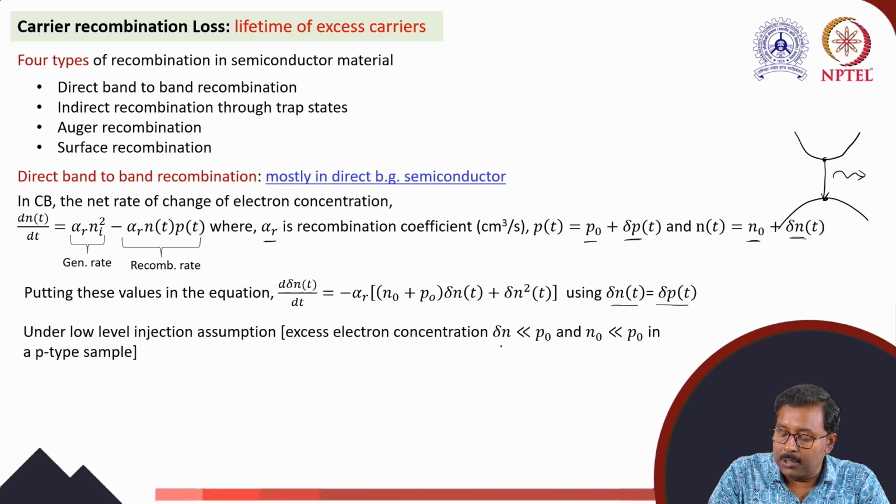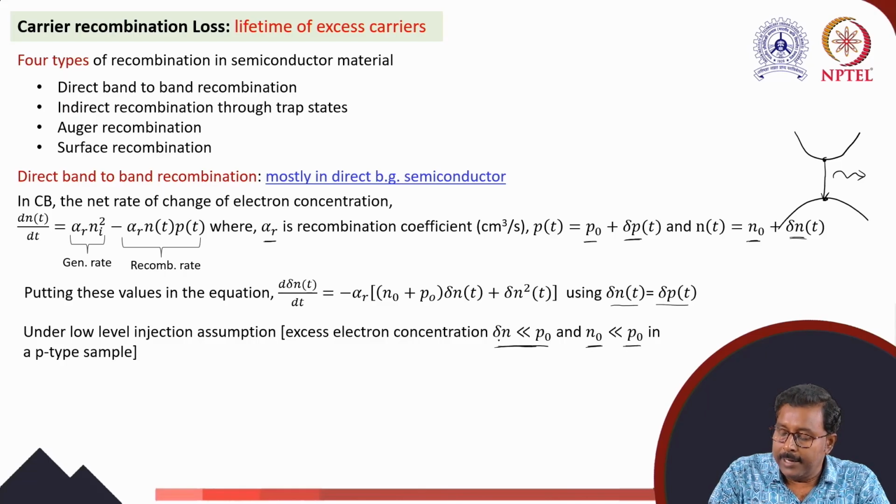Also you have to assume low level injection, that is, excess minority carrier much less than the majority carrier, delta n much less than p0, and also in a p-type semiconductor n0 is much less than p0. Here this low level injection assumption is written for a p-type semiconductor.